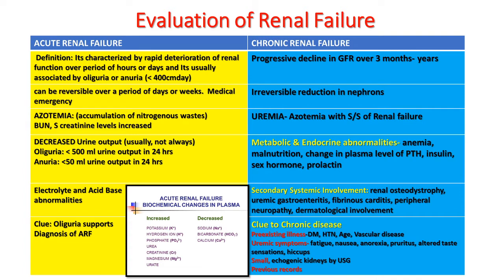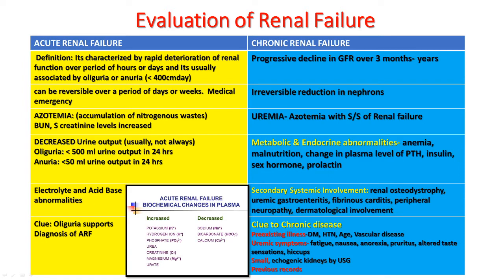And acute renal failure is associated with a lot of electrolyte and acid-base abnormalities, where you can see here there is increased potassium, hydrogen, phosphate, urea, creatinine, magnesium and urate, whereas there is decrease in sodium, bicarbonate and calcium.